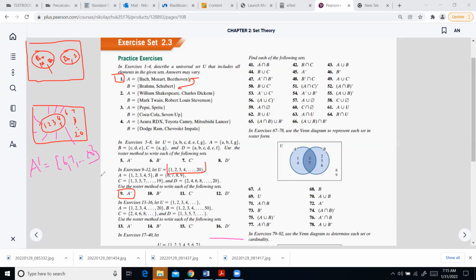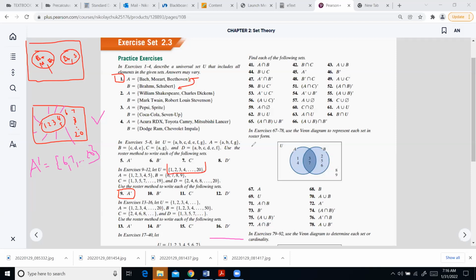From 6 to 20 is what we have. So it looks like those are complements of the sets that we can consider. And of course, for any exercise in this group, it's pretty much the same process. If you're not sure how to get it right away, make this picture of a Venn diagram, and this is definitely going to be very helpful.